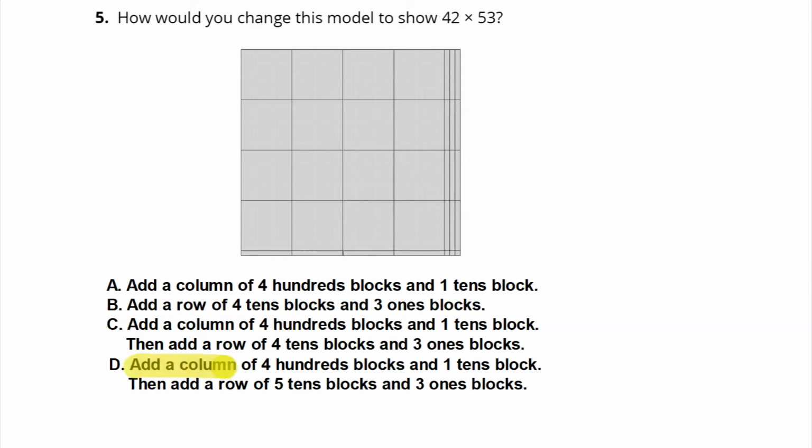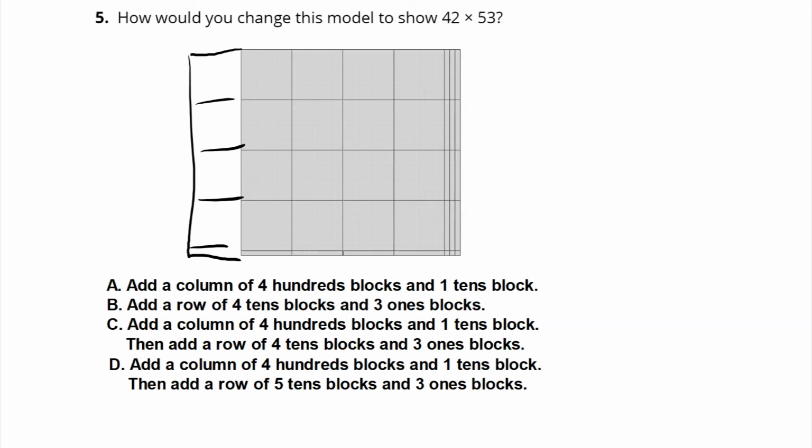It says to add a column of 4 hundreds blocks and 1 tens block, and then add a row of 5 tens blocks and 3 ones blocks. So let's see if that pans out. So add a column of 4 hundreds. Okay, so we're going to add the column again. Got the 4 hundreds blocks and 1 tens block.